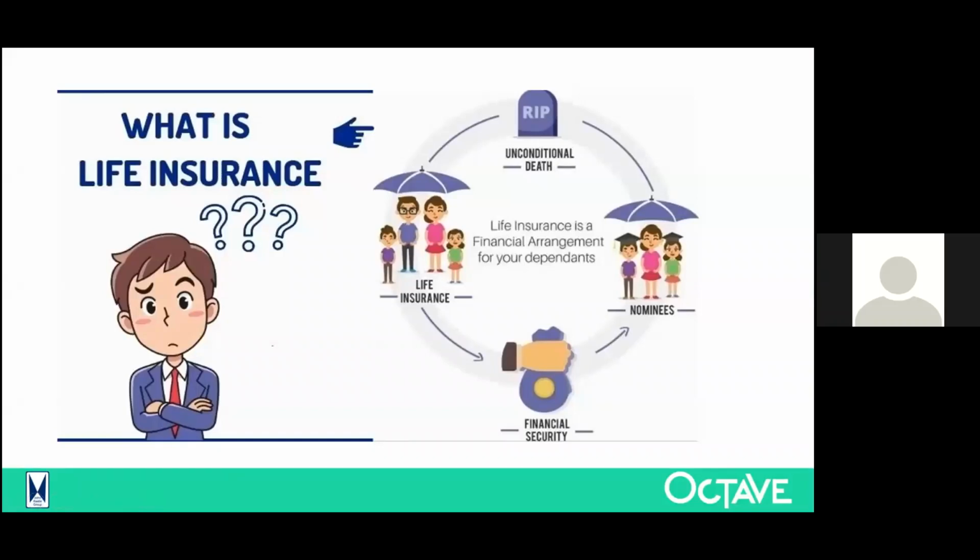Right, so let's talk about life insurance. Before we get to life insurance, I'm pretty sure all of you must have heard the word insurance by itself. So let's look at an example of what I mean by insurance. I'm pretty sure most of you are aware of car insurance. Whenever you buy a car, you're supposed to get insurance.